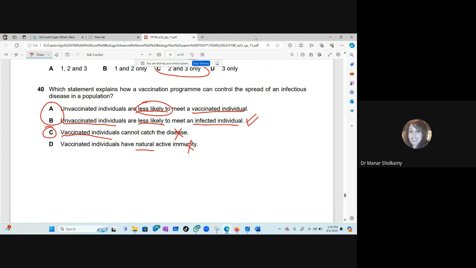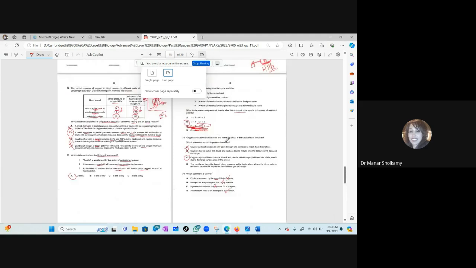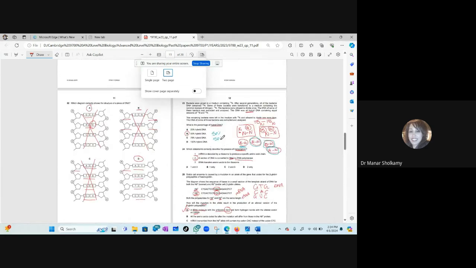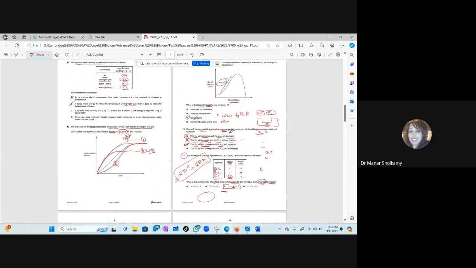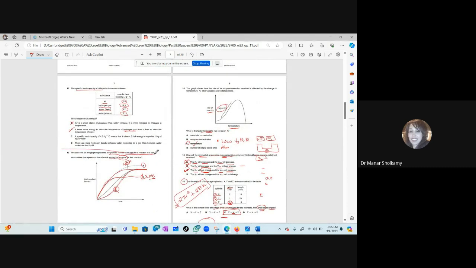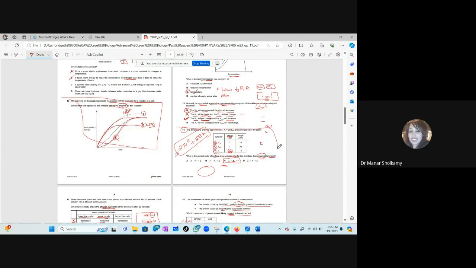Okay. This exam was not difficult, by the way. In my opinion, the questions that were tough were the question about biological molecules and this question. So mark the graph. Any graph question is important. And the surface area question, you have to know the formula, or use the easy method that I showed you.